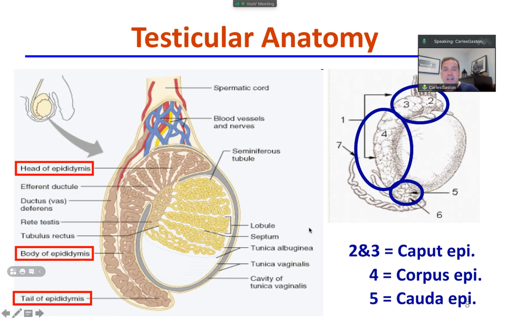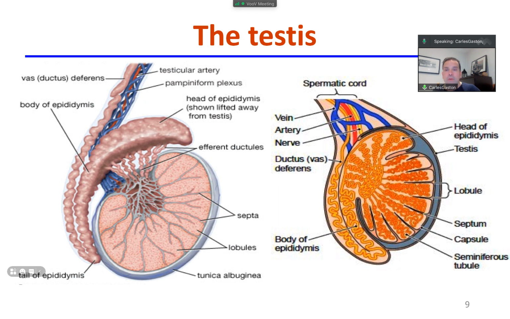Here we have seen the gross anatomy of the testes, but what we can see here is another cross-section of more or less the same, okay? What we can see here is that we have the testes with the septum, and here are the tubules, and they are connected to the epididymis, head of the epididymis, tail of the epididymis, through these efferent ductules, okay?